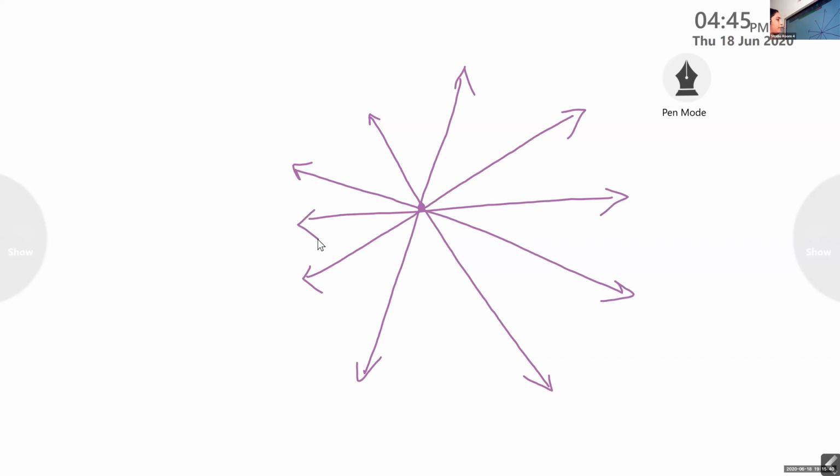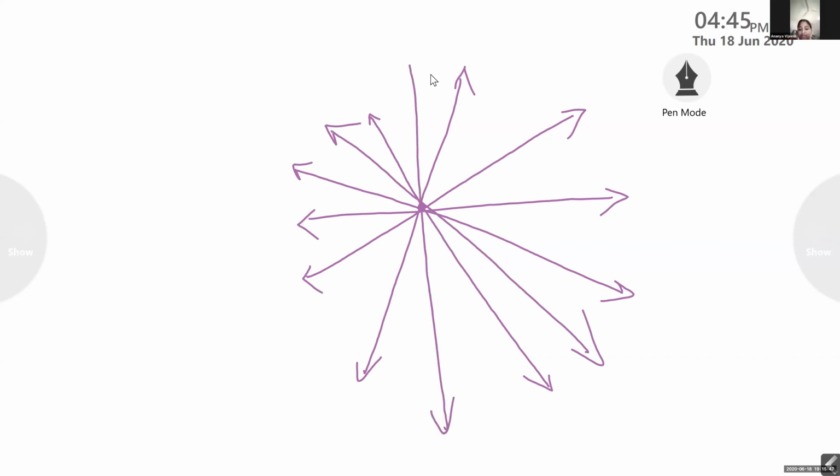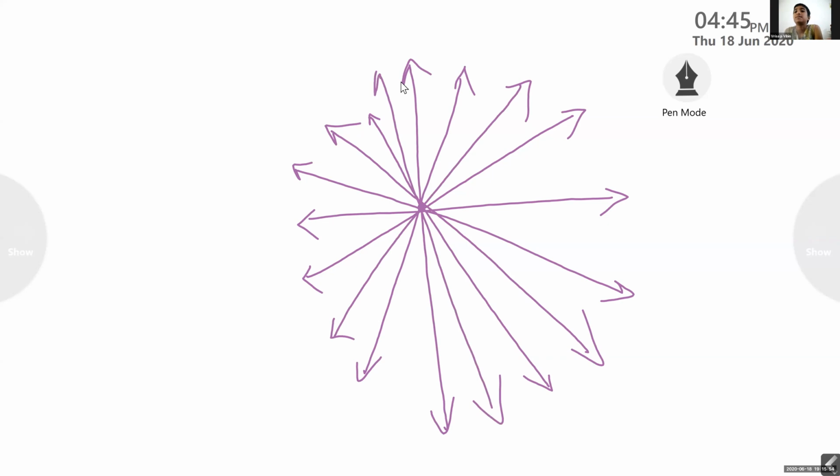How many lines can pass through the given point? Tell the answer first. Infinite number of lines, or countless lines.